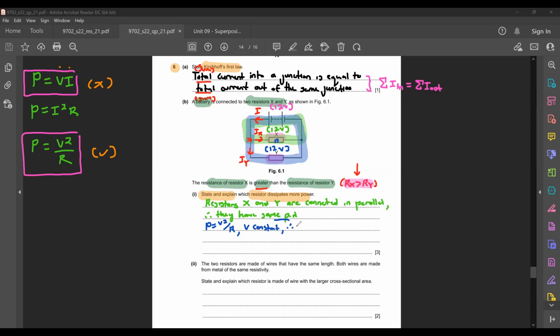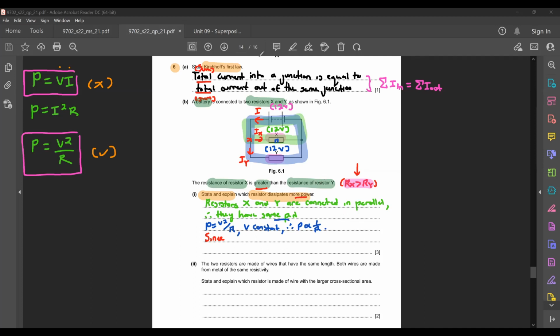Therefore, P is inversely proportional to R. Okay. And then after that, we want the one with higher power dissipation, okay?